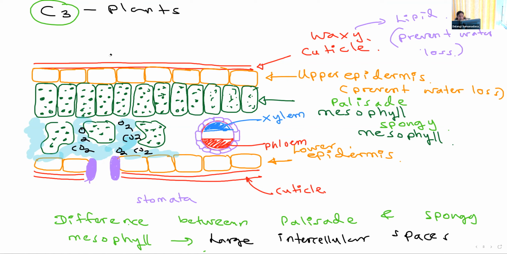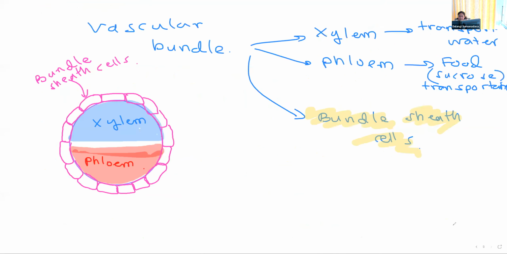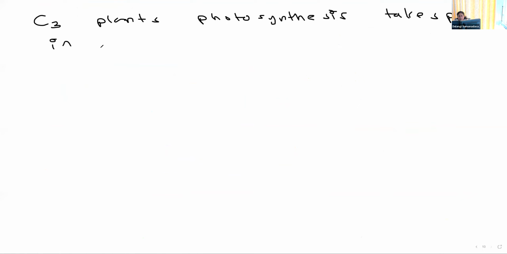Okay, if you understand this, write down this question. In C3 plants, the photosynthesis will take place in which cells? Write down the answer.